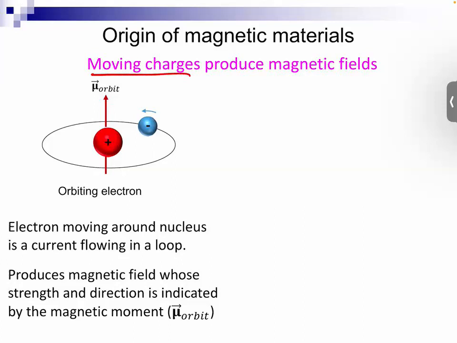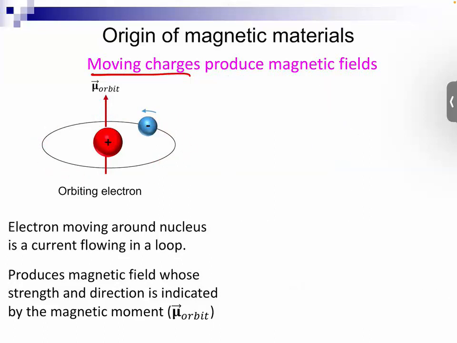Whenever you have moving charges, you create magnetic fields. And if we look into the atomic structure of a material, you have, of course, the nucleus, which is positively charged because it contains the protons. But you have the electrons that are orbiting around the nucleus. So in essence, in the atom itself, you have an electron that is moving.